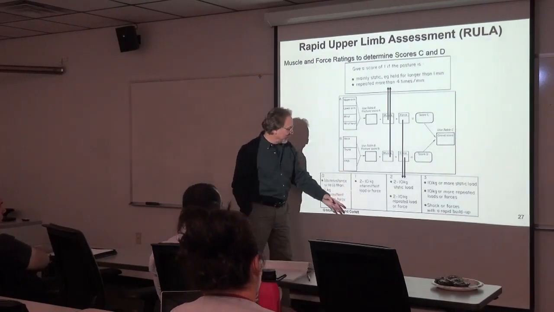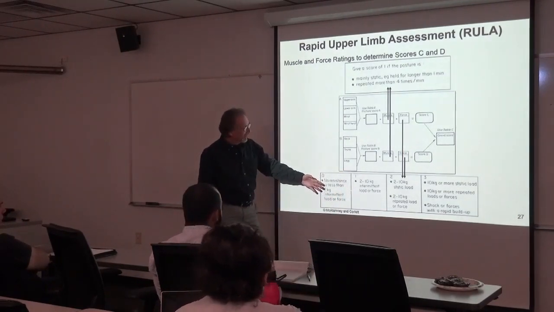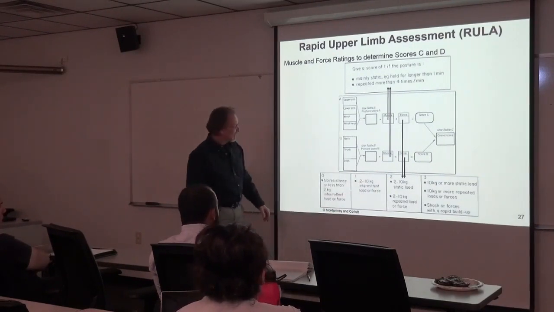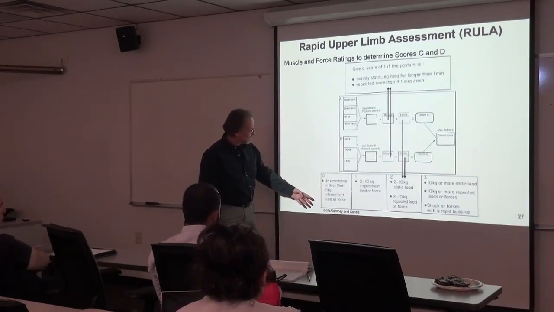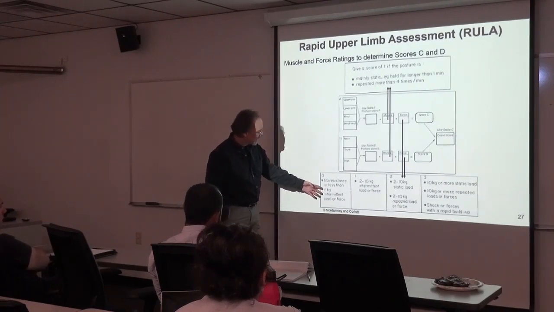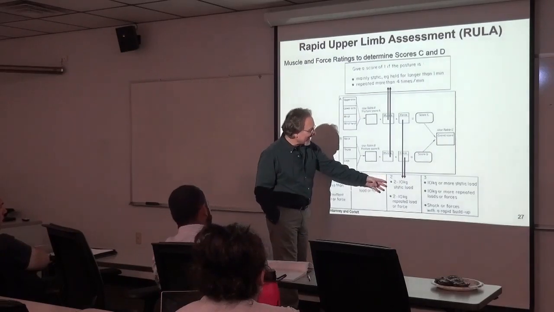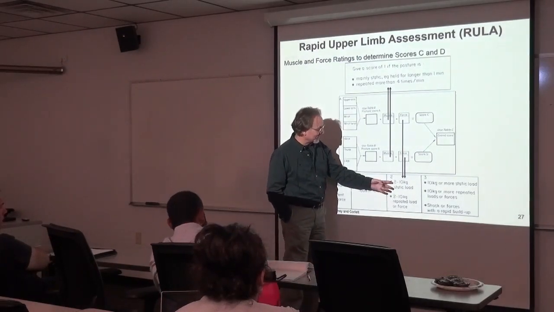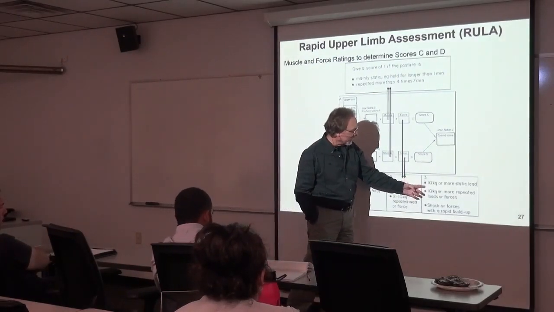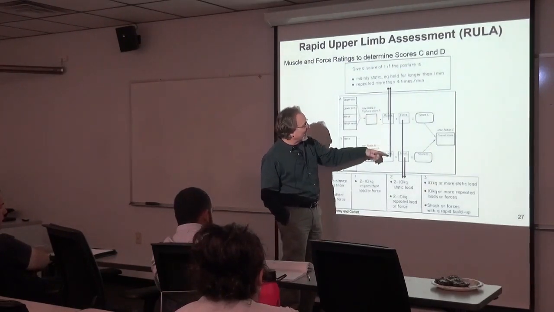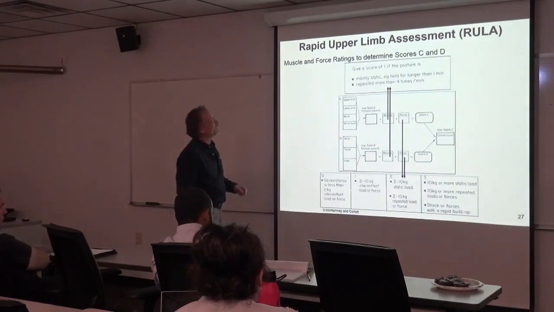For force, it's based on the amount of force that you estimate is being exerted. No force or less than 2 kilograms intermittent is a 0. 2 to 10 intermittent, 2 to 10 static, or 2 to 10 repeated is 2, and then 10 kilograms or more, or if there's a shock or a force buildup, gets a 3. And that goes into both of those scores.